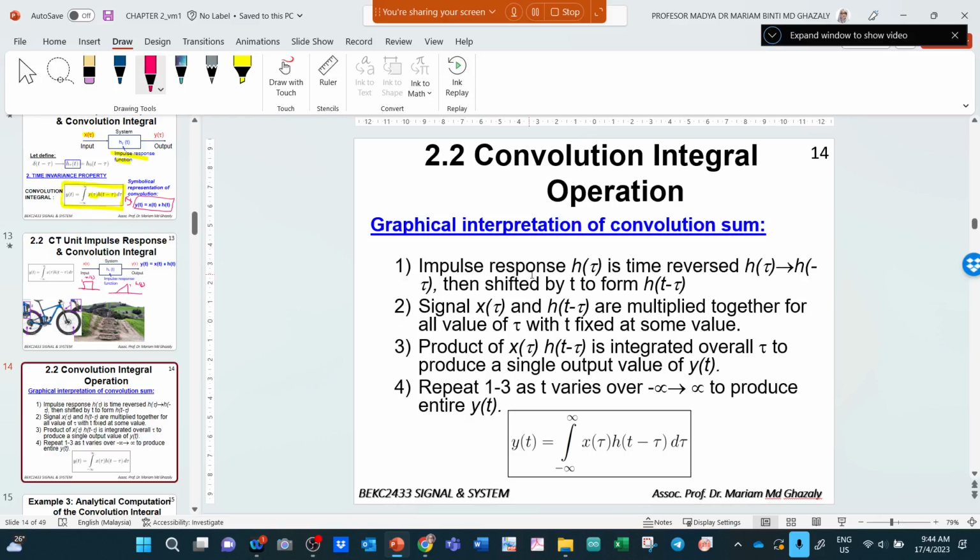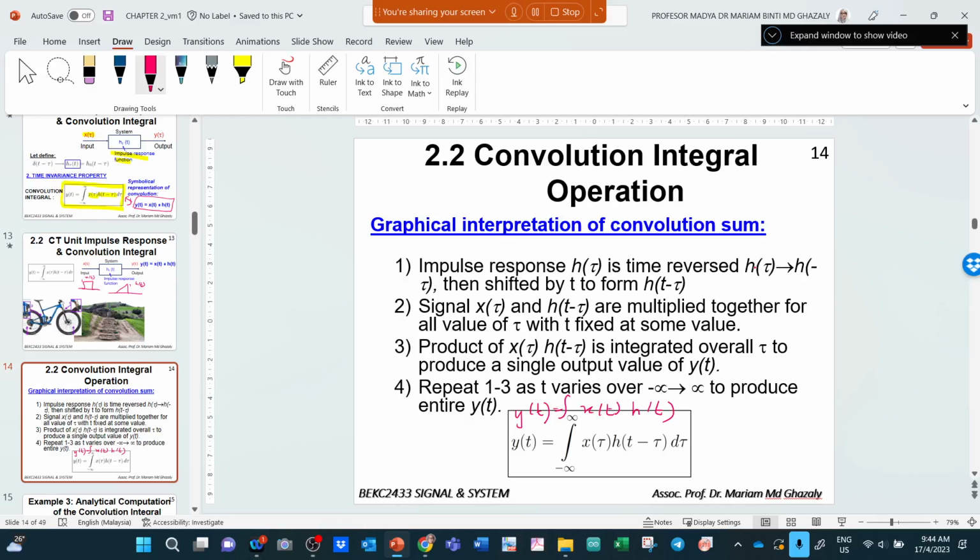Okay, so impulse response ht is time reverse. Okay, ht become h minus t, then shift by t to form ht minus t. Apa maksud dia ni? Okay, remember that originally the signal was integration xt ht, right?